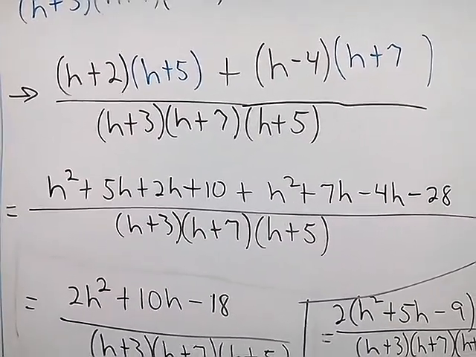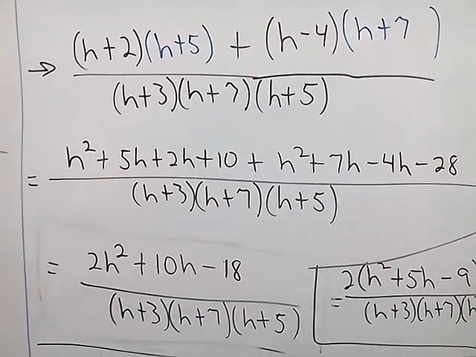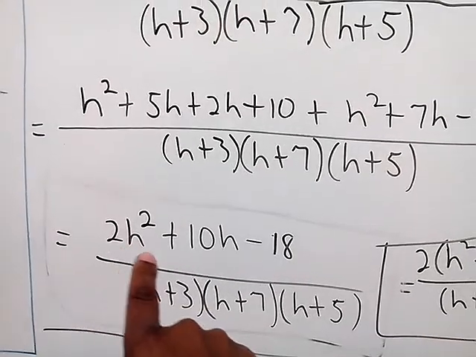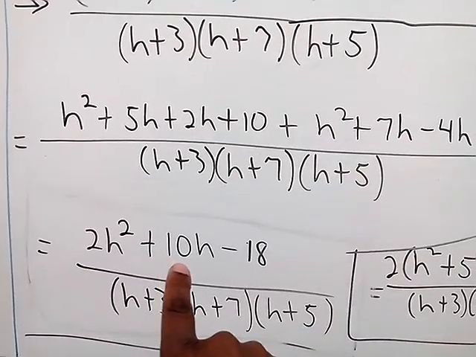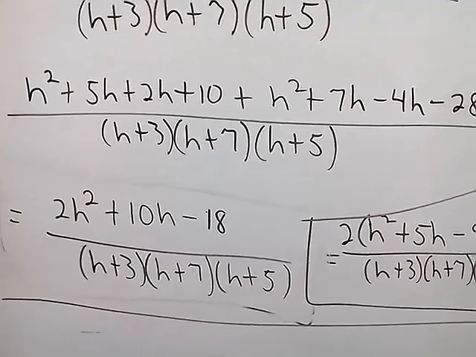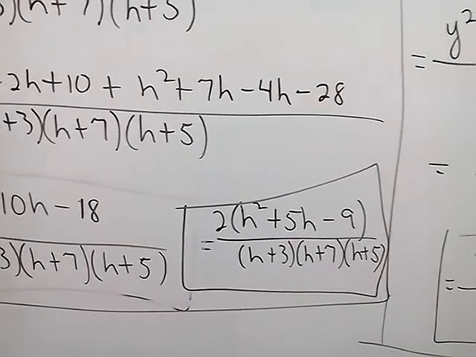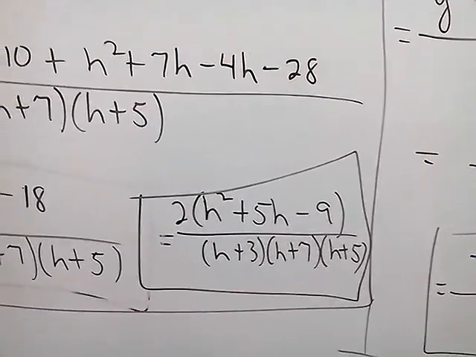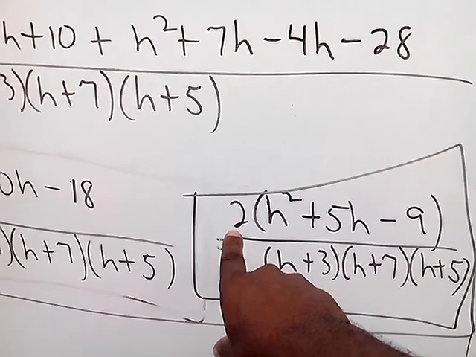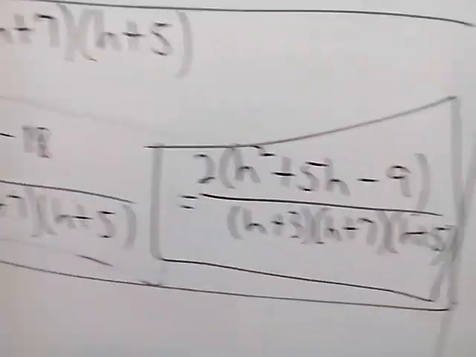We FOIL both the terms and then simplify by combining like terms to get 2h squared plus 10h minus 18 over our common denominator that we determined earlier. And then in our final result here, we factor out a 2. Because 2 can go into each one of the terms, factor that out.